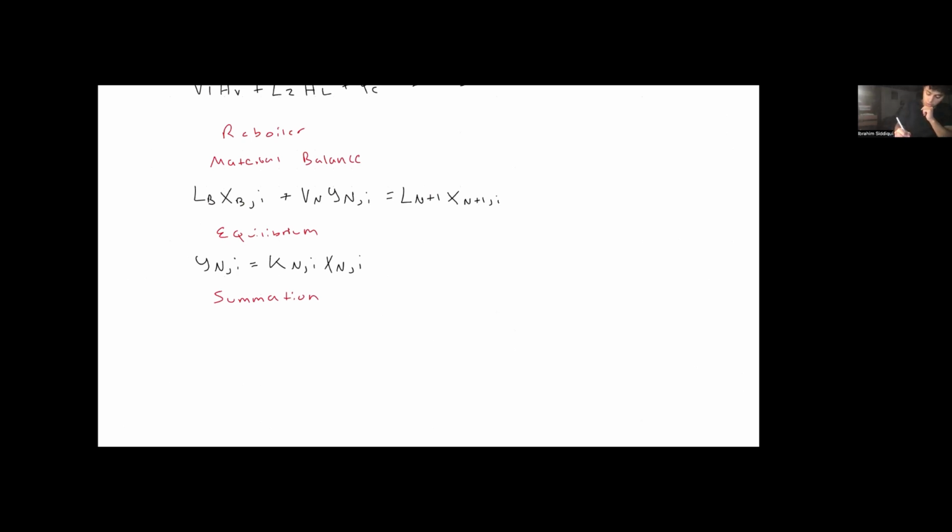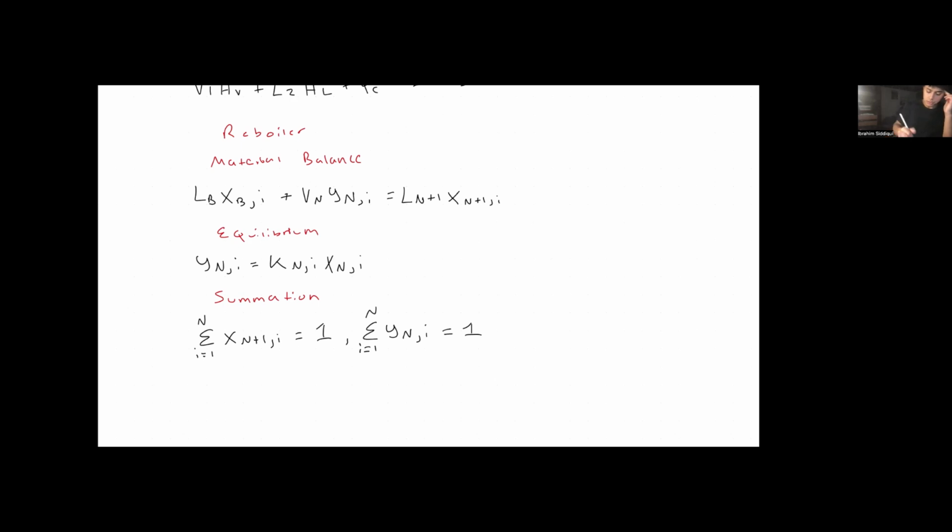So the summation over i equals 1 of our liquid composition at stage n plus 1 for component i is equal to 1. And we are also going to be looking at another summation at i equals 1 of our liquid composition at stage n for component i, and this will also be equal to 1.